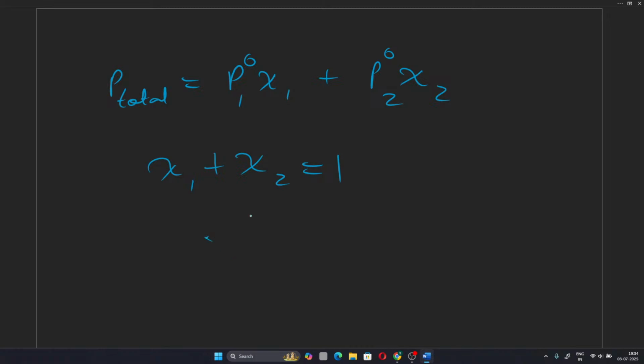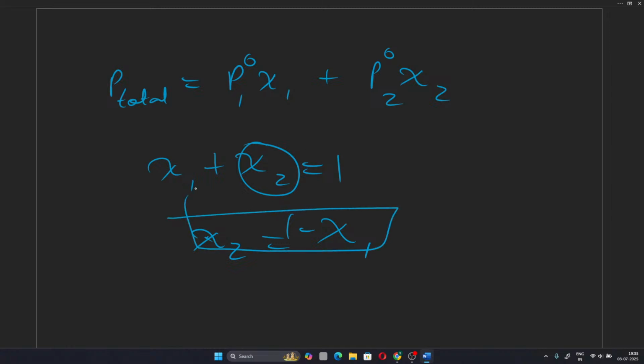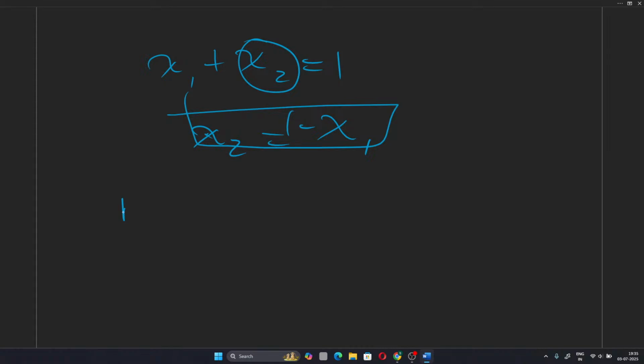So if we do not know the chi2 value, chi2 equals 1 minus chi1. If we substitute in the equation, we get P total equals P01 chi1 plus P02 (1 minus chi1).